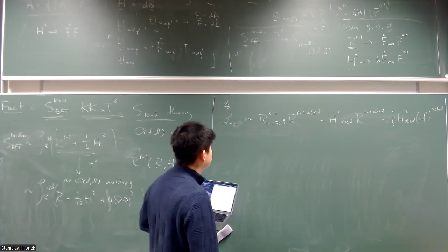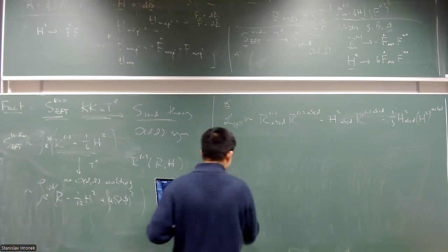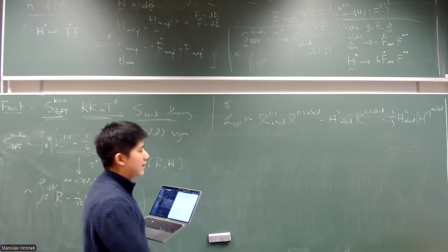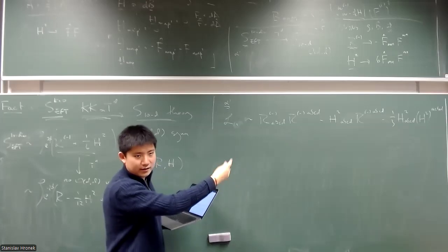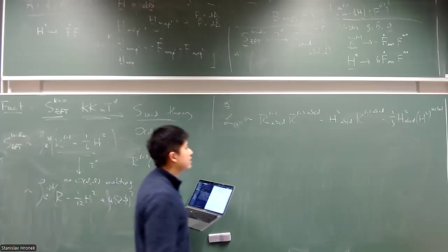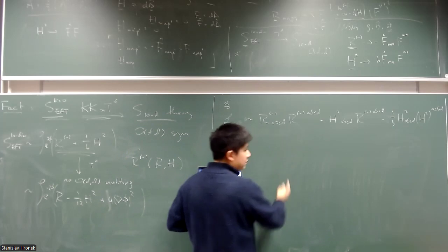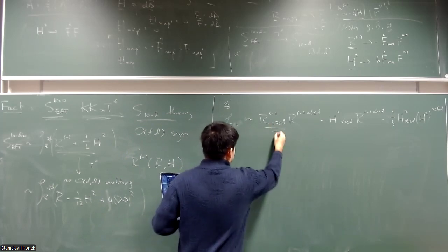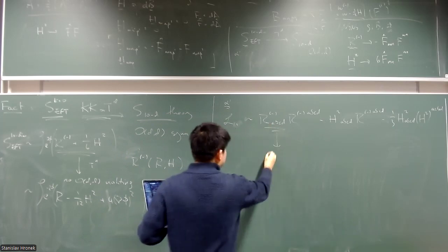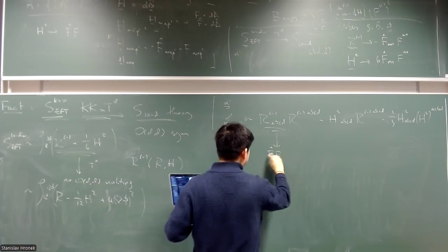So this time I just give you basically the normal expression. In principle, one can start with a single term, do the reduction and find some ODD violating terms.